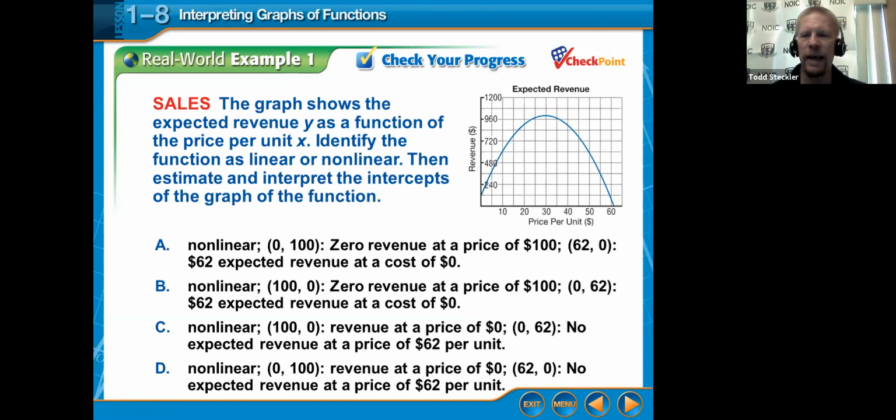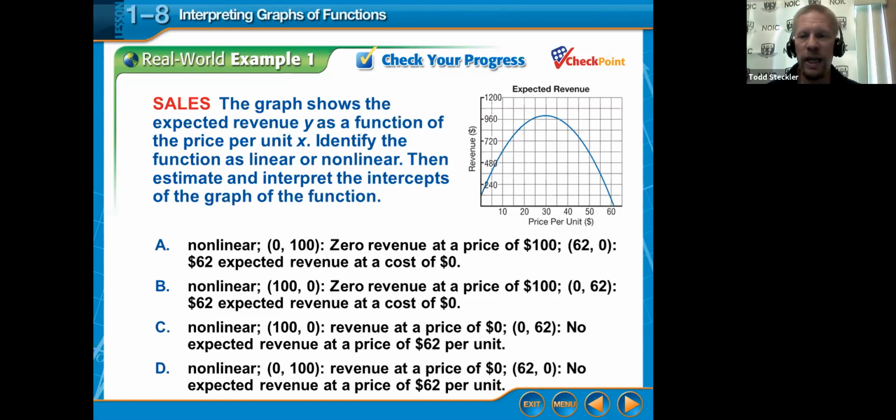So looking at that, letter A has that. We're not sure if that's the answer yet, but it has (62, 0). Letter B does not. Letter B has (0, 62), so that can be eliminated. Letter C also has (0, 62), so that can be eliminated. And then letter D has (62, 0).